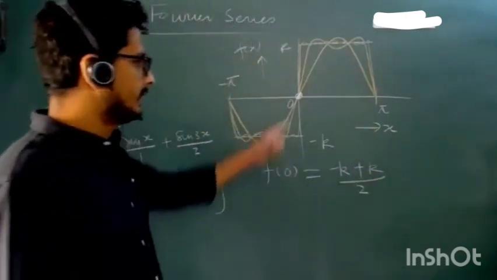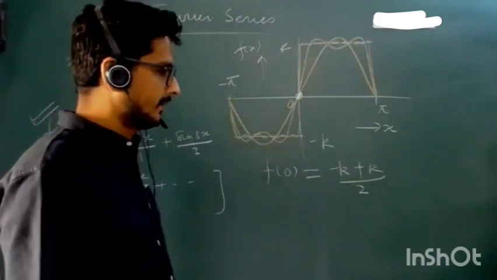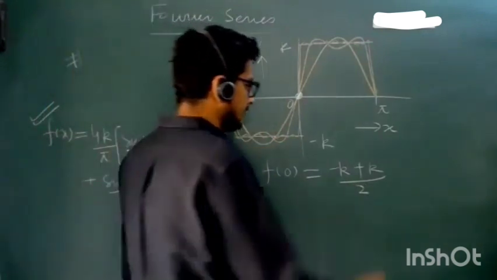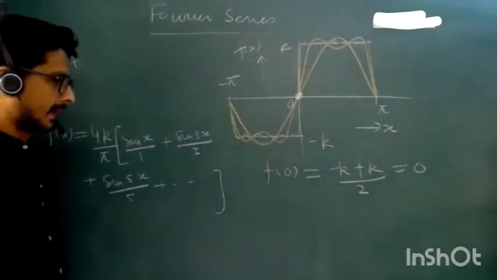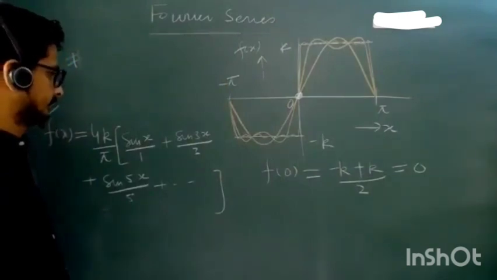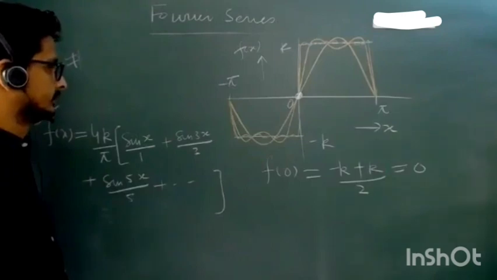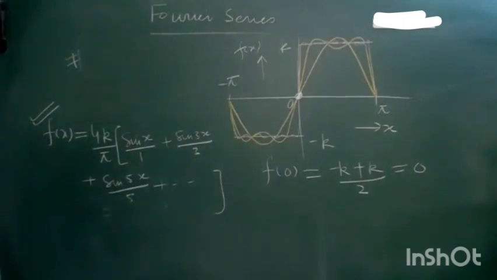This is the only way, because at 0 the left behavior of the function is different and the right is different. So in this case you should take the average value, so that is 0, correct? You will have to use this in many different questions.